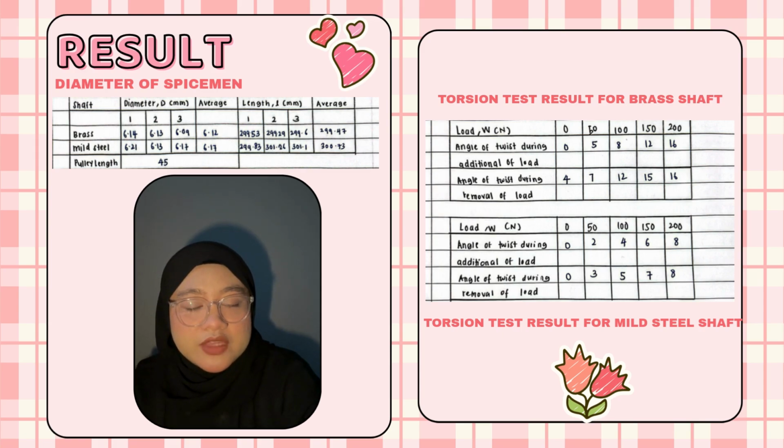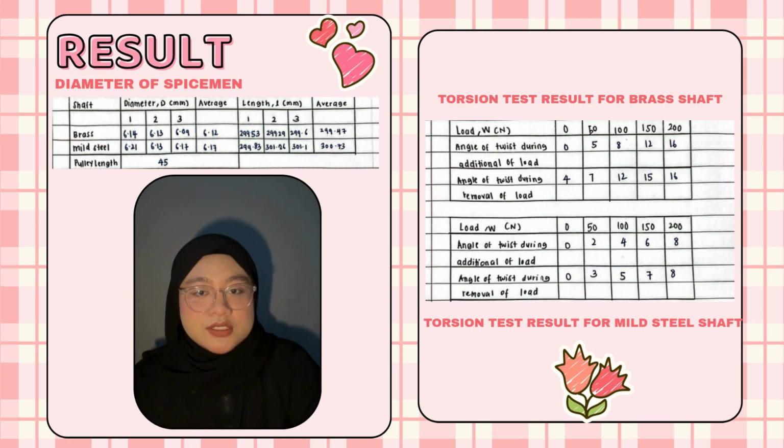For the brass shaft, the measured diameters are 6.14 mm, 6.13 mm, and 6.09 mm, giving an average diameter of 6.12 mm. The lengths measured are 299.53 mm, 299.21 mm, and 299.6 mm with an average length of 299.40 mm. For the mild steel shaft, the diameters are 6.21 mm, 6.13 mm, and 6.17 mm with an average diameter of 6.17 mm.